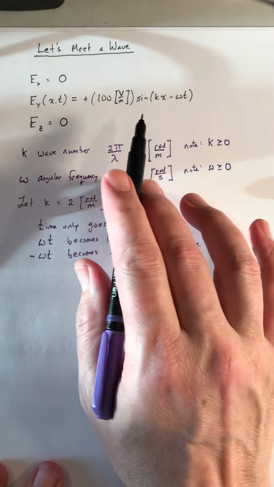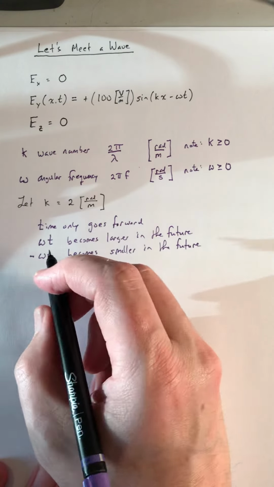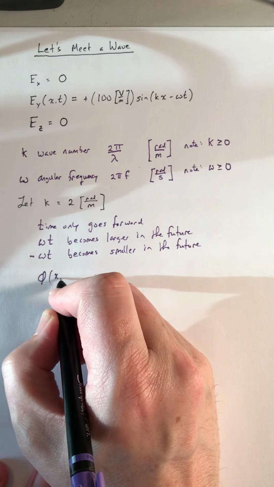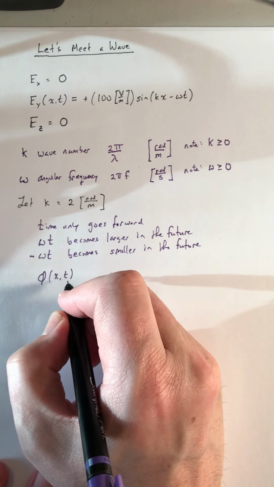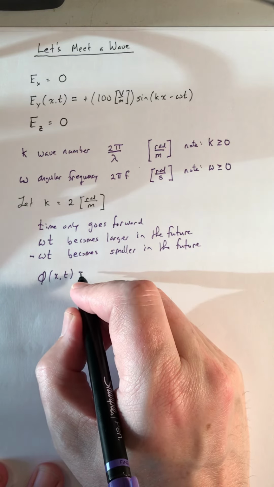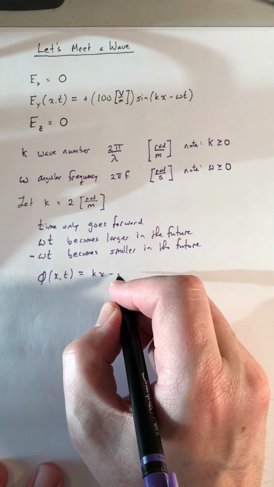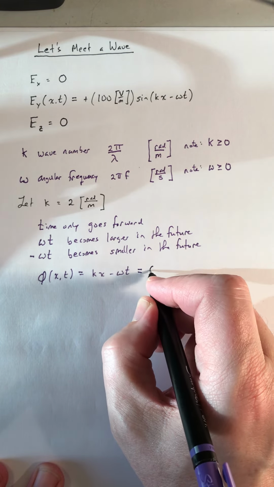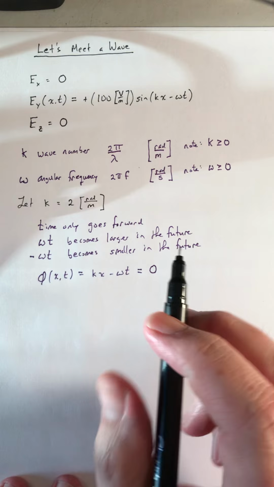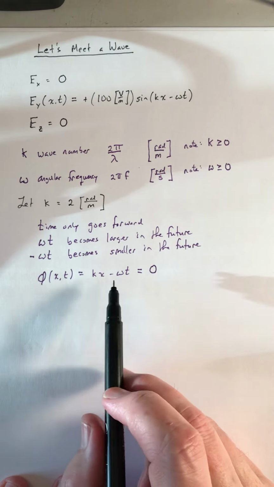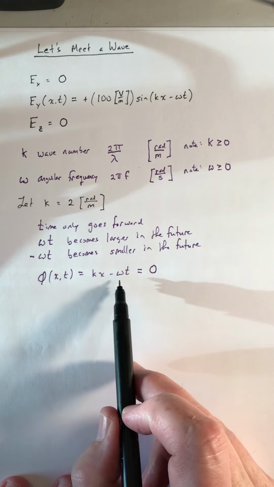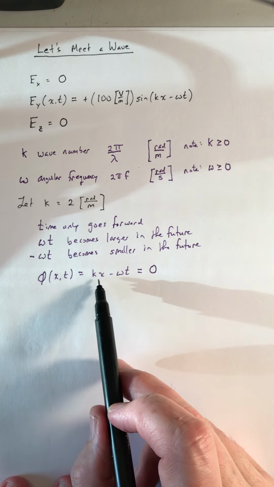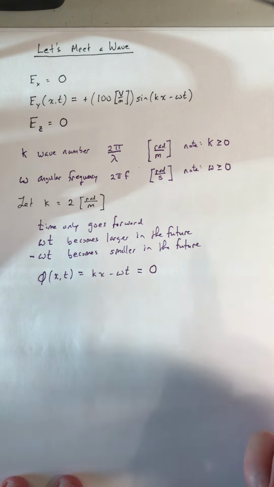So in our electromagnetic wave, there's going to be a point where this phase argument, a function of x and t, kx minus omega t, is 0. And now where is that point going to be in the future? So minus omega t is going to get smaller. For this to still equal 0, kx is going to have to get bigger.